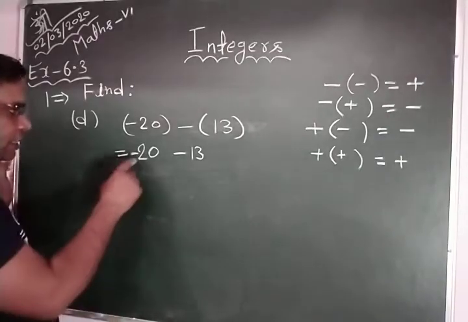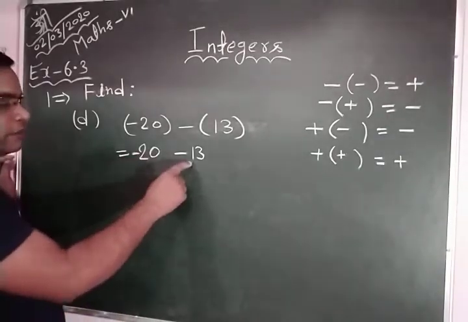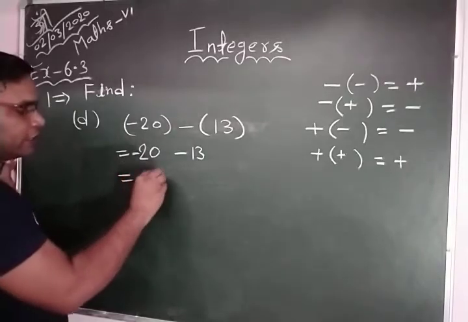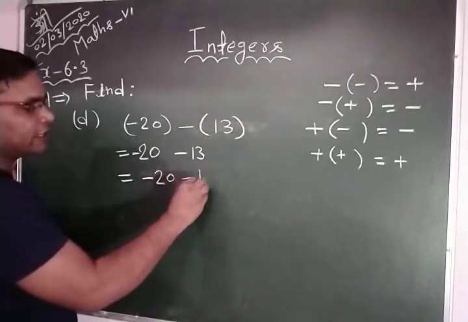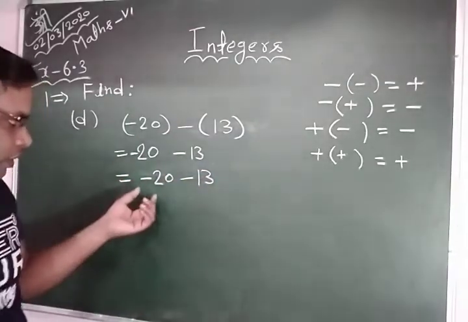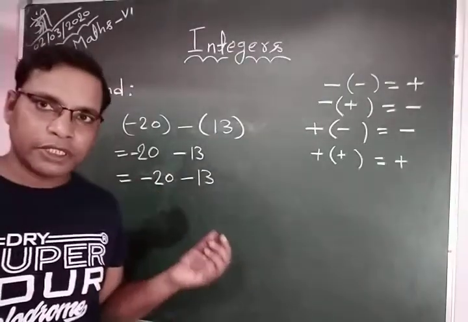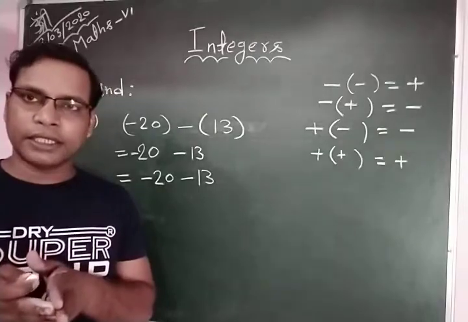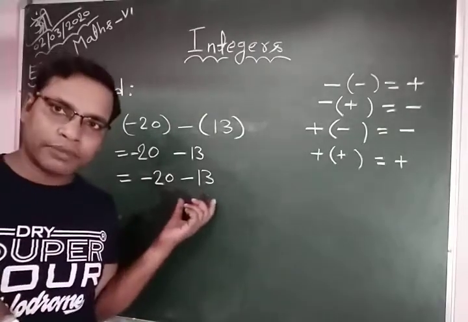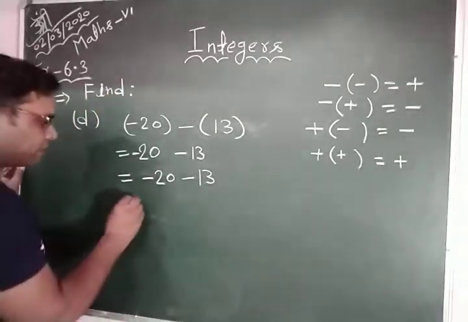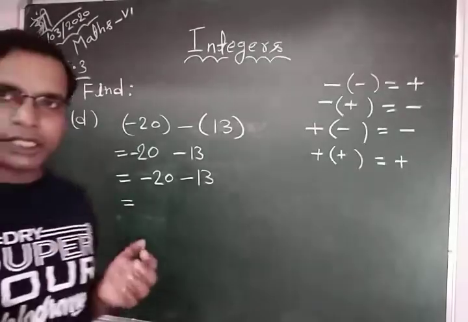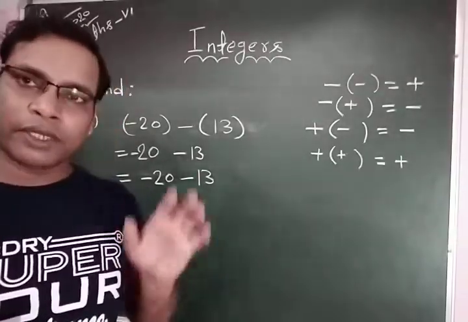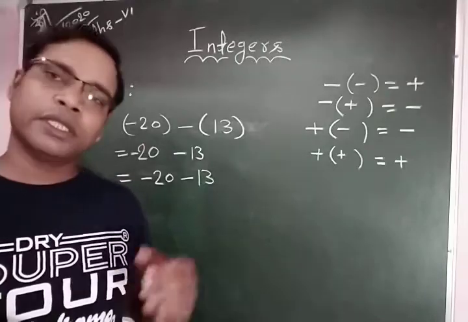So you can see here this is minus 20 and this is minus 13. Both integers have the same sign. So we can add these integers, we can sum them up. Okay, if the signs of two or more integers are the same, then we can add them and use their sign.